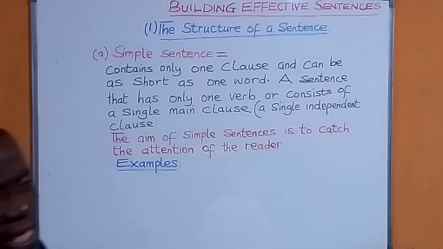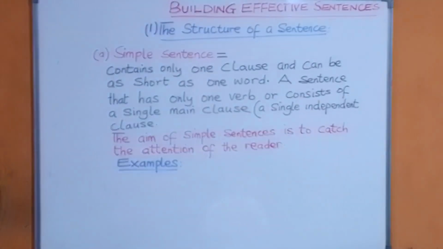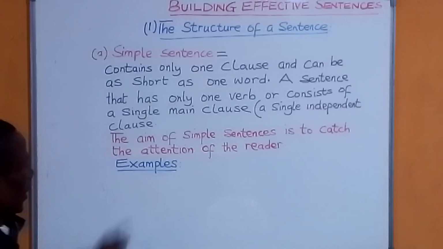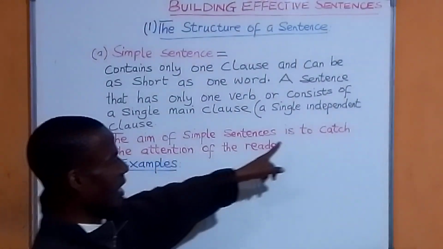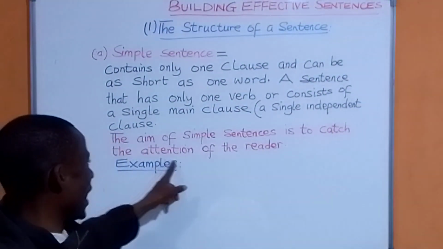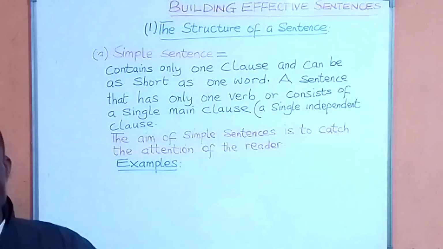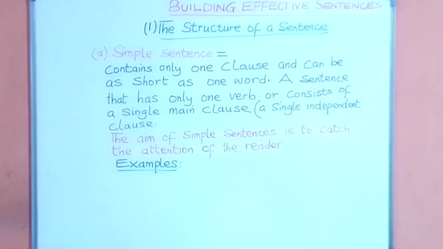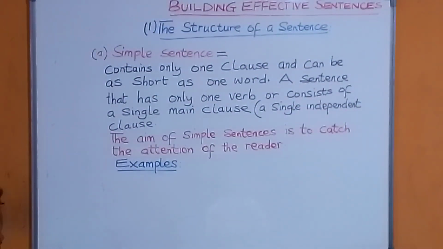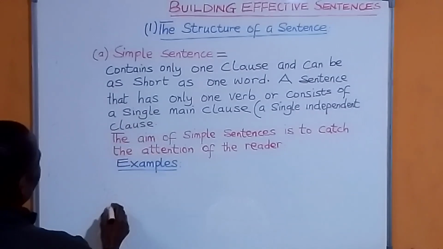What is the aim of simple sentences? The main aim of a simple sentence is to catch the attention of the reader. Now, examples of simple sentences.